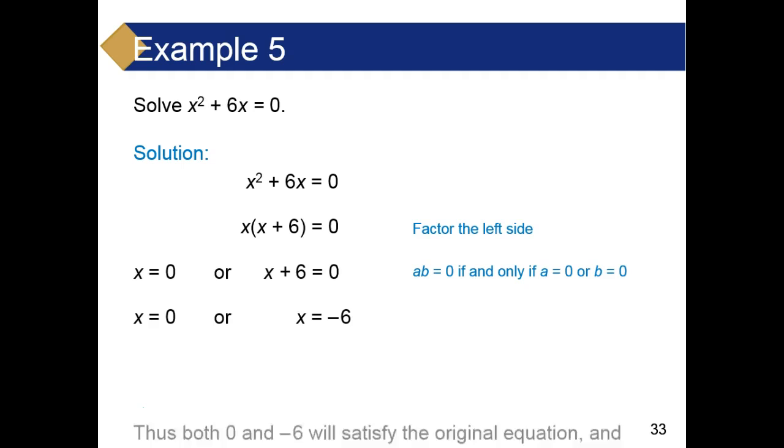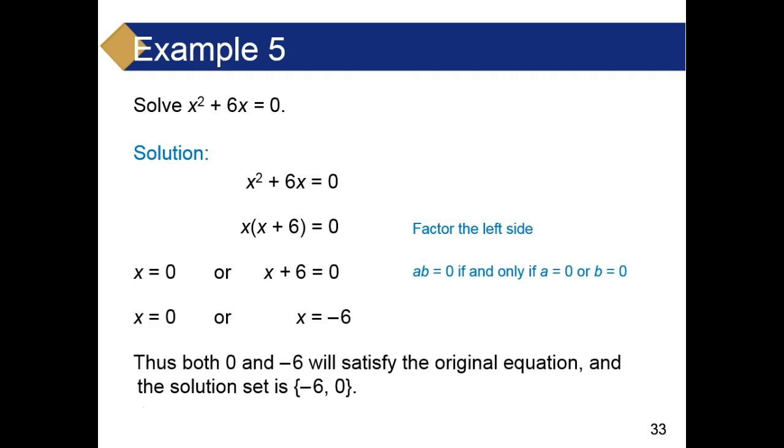Now, I think the book usually then writes it in set notation. I don't care if you write it in set notation or not. Thus, both 0 and negative 6, once you check them, you know they satisfy the original equation, so the solution set is that. I'm perfectly happy with that. That says the same thing to me as putting it in set notation.